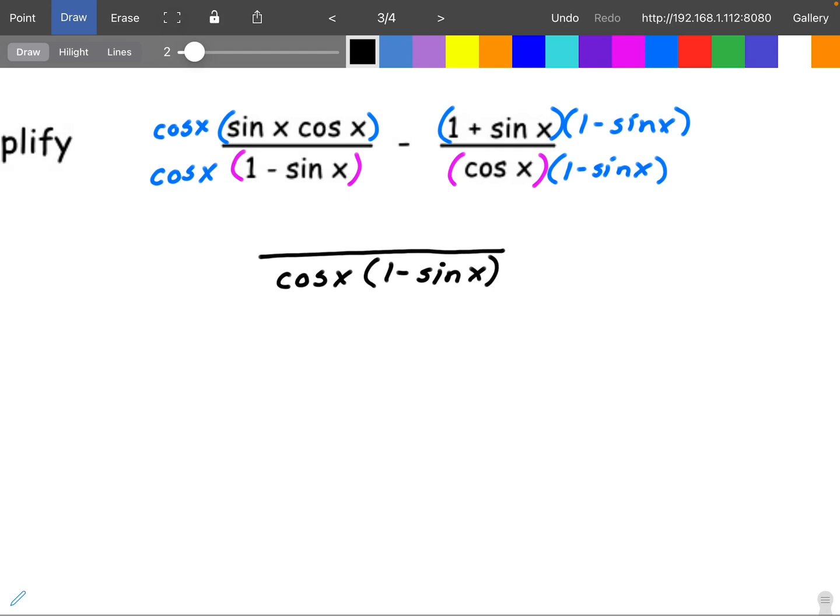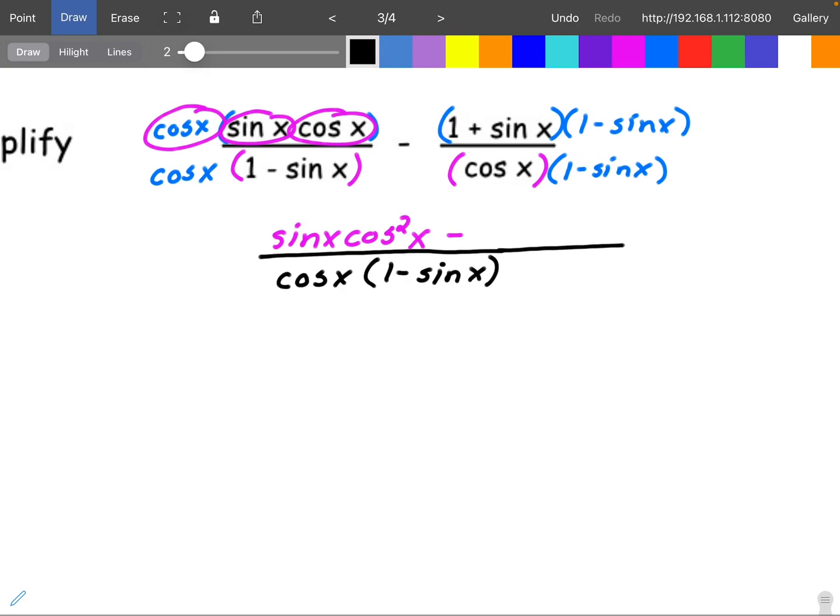Now I do want to go ahead and multiply out the numerators. So in that first fraction, I have cosine x times sine x. So actually, since this is one term, I'm going to combine that with the cosine instead of the sine. So I have a single sine x, so I'm going to leave that. And then I have cosine x twice, which means that is cosine squared x.